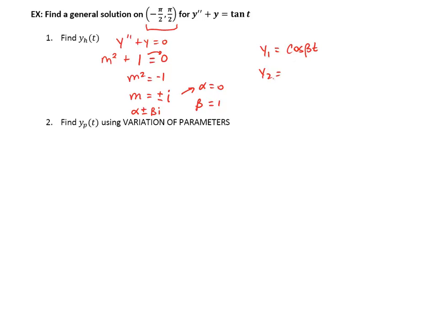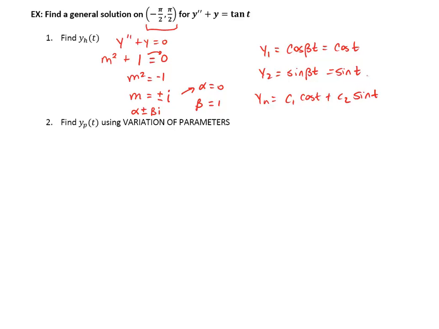And y2 is e to the 0t, which is 1, times sine of beta t. Now beta is 1, so this is cosine of t and sine of t. So your y sub h is c1 cosine of t plus c2 sine of t.